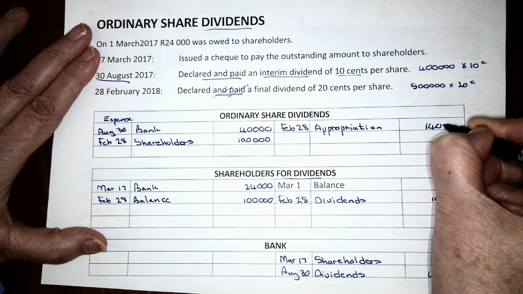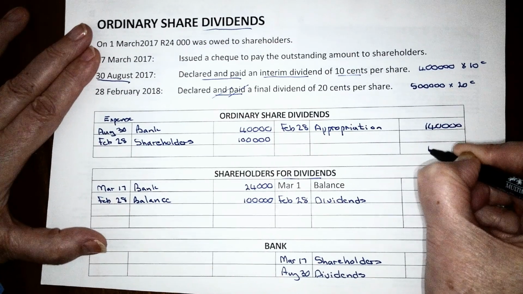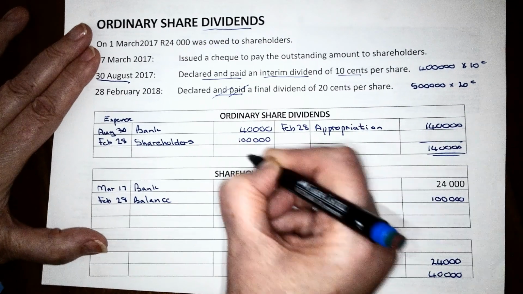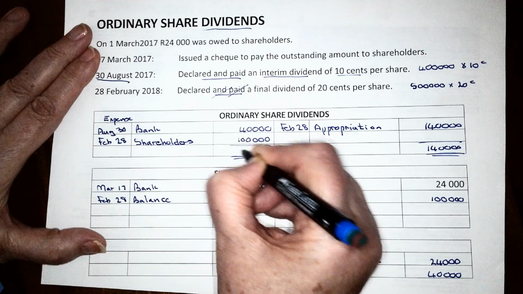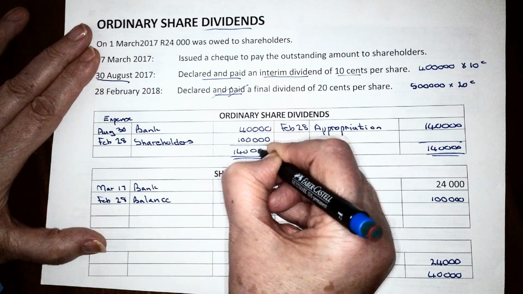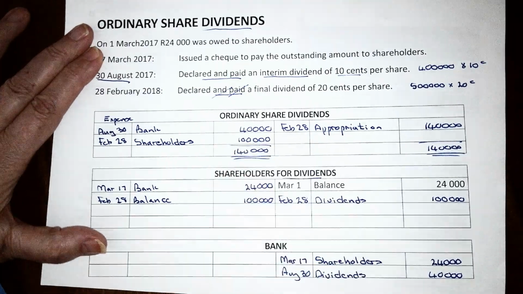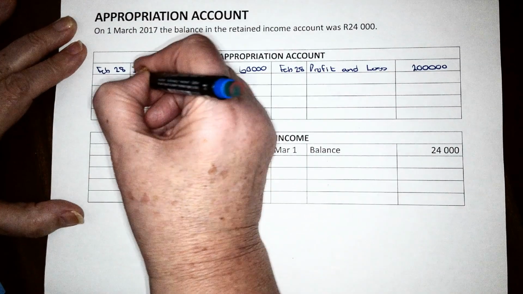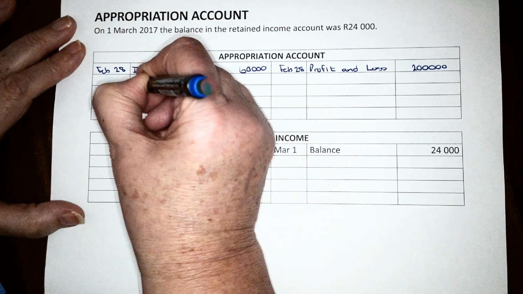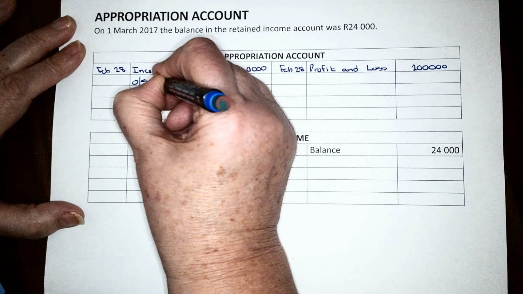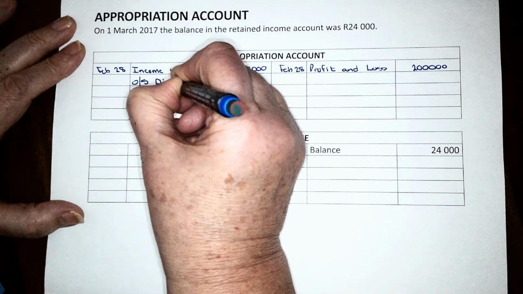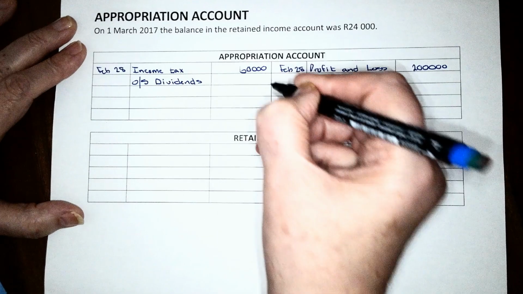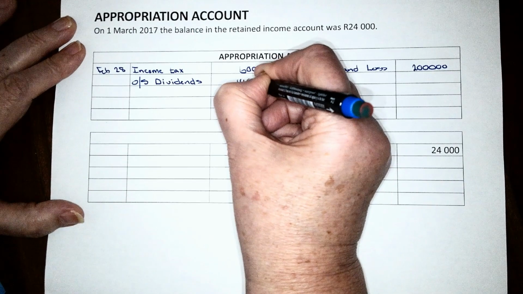with 140,000. So the total on both sides will be 140, and then we closed off all our nominal accounts. We credited the ordinary share dividends account and we will debit the appropriation account with the total dividends that was declared during the current year, 140,000.